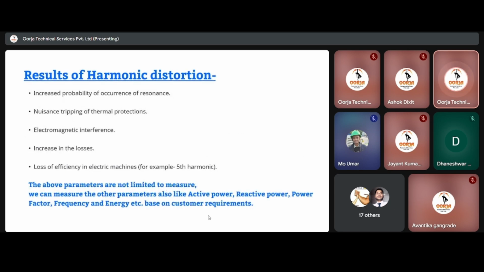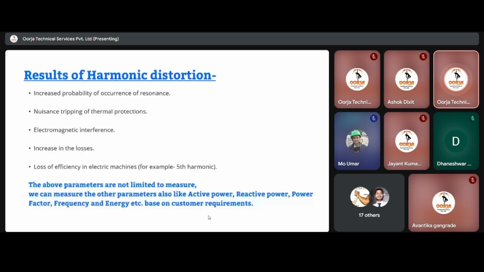Results of harmonic distortion. Increased probability of occurrence of resonance, nuisance tripping of thermal protections, electromagnetic interference, increase in the loss of efficiency in electrical machines, for example with harmonics.